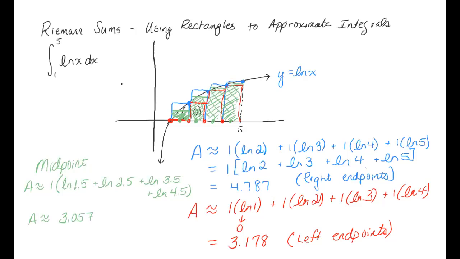Because that was smaller than both of the other two. Yeah. I multiplied the ln 2.5 and 3.5. I didn't add it. Okay. So tell me that again. 4.079. Okay. Yep. And that should be correct. Okay. So that's using midpoints.